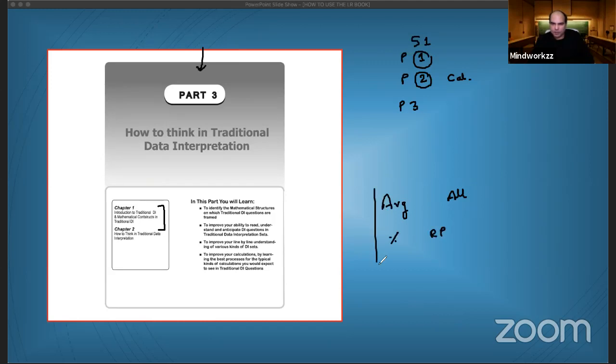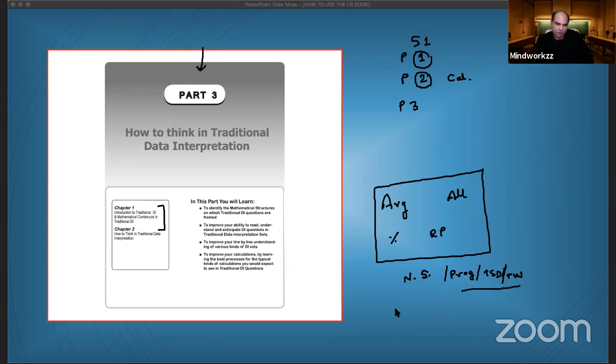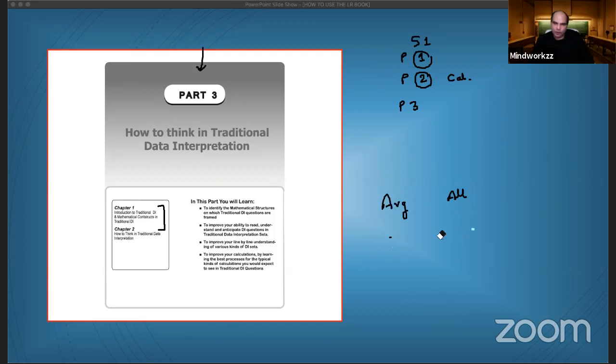These 4 chapters are must do, and also some basics about number systems, maybe progressions, time, speed, distance, and time and work. Some sets in traditional DI could be built specifically around these chapters. But averages, percentage, ratio proportion, alligation, these 4 are the backbone, and maybe interest too. So you should do these chapters well before you start working on your DI.